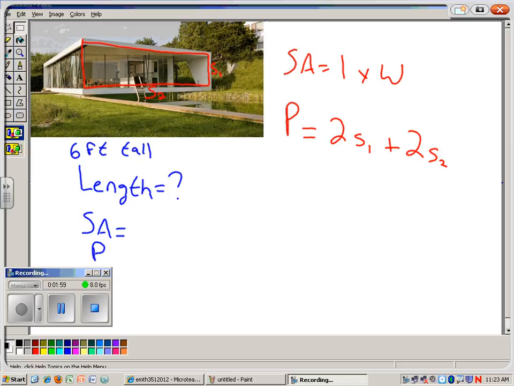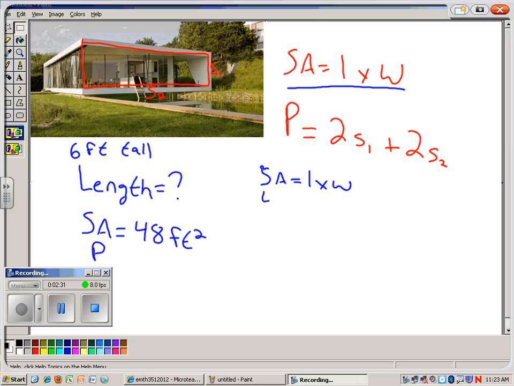Let's say the surface area of the house was 48 feet squared. How would we set that up? Using the top formula. So surface area is equal to length times width.